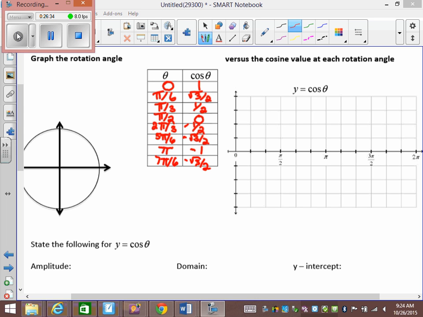So you go to 0 and 1. Then pi over 6 would be the first bit. And then this would be a half. And pi over 2 is 0. Here's the negative half.